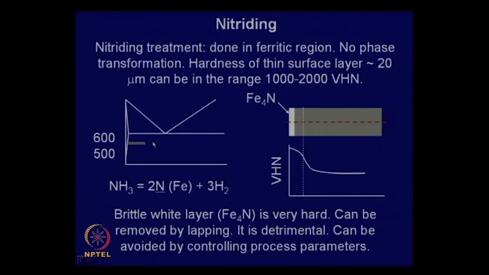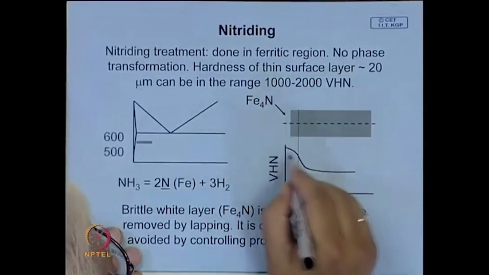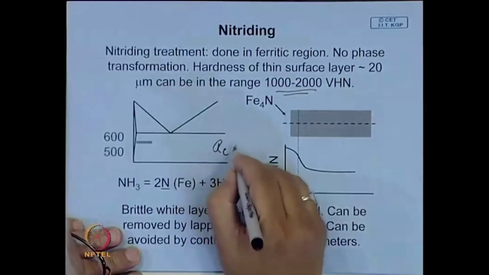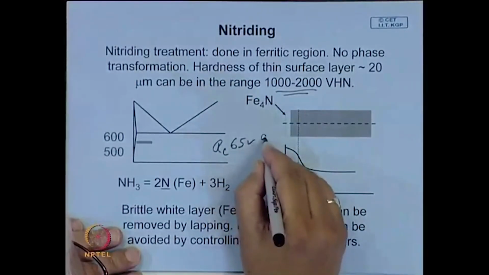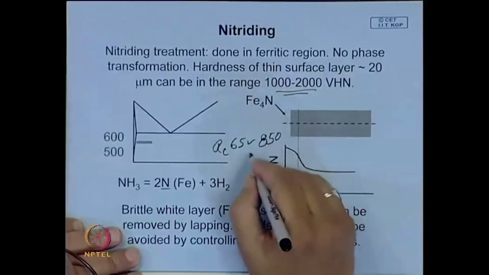In this temperature region, nitrogen diffuses into steel, and it can give this kind of hardness level. This hardness can be very high, whereas RC hardness around 65 is around 850 VPN, Vickers hardness number.